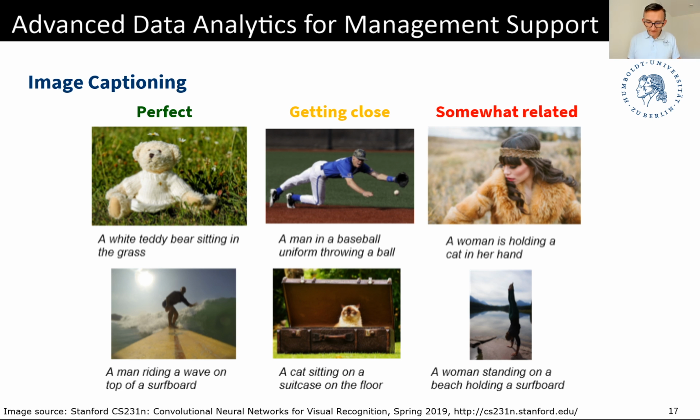And in the last column we have some examples. A woman is holding a cat in her hand. Well, somewhat related, but not really on the spot. Or we have a woman standing on a beach holding a surfboard. The last one is nice because that is a common pitfall.